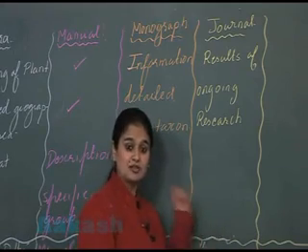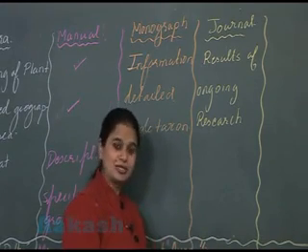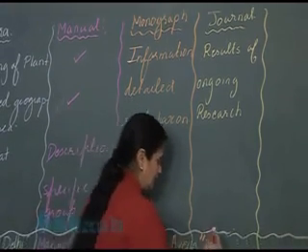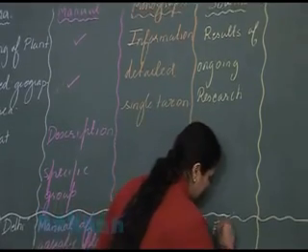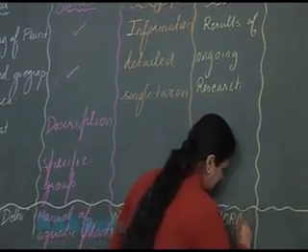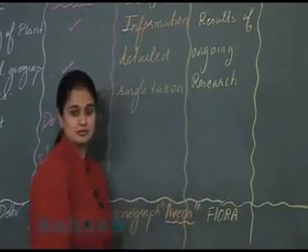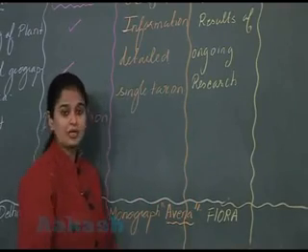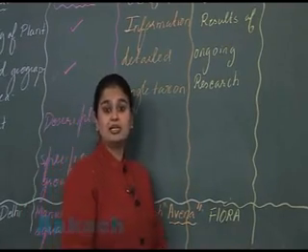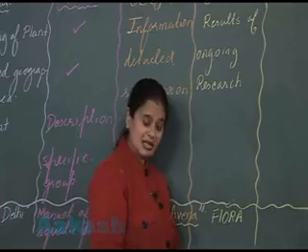That aid is journal. Let's write one example here. One example of the journal is Flora. Yes. Now after the journal, the last category is catalog.